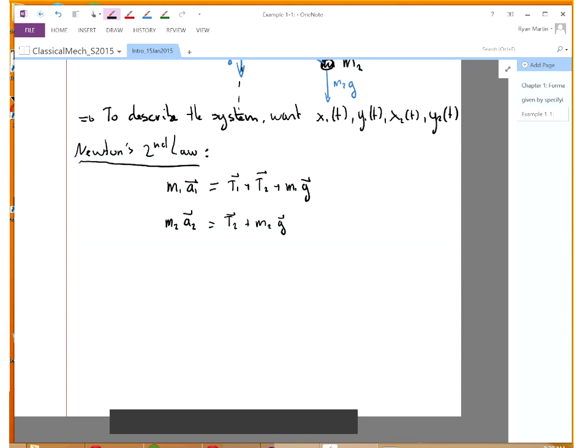So let's start with the x component of the first equation. This gives M1 A1x.